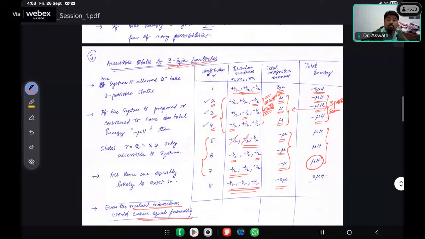But the internal arrangement can vary, like positive positive negative, positive negative positive, negative positive positive. So corresponding to minus mu as total energy, there are three possible ways it can arrange.